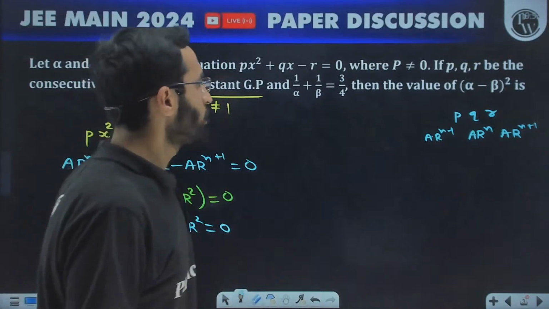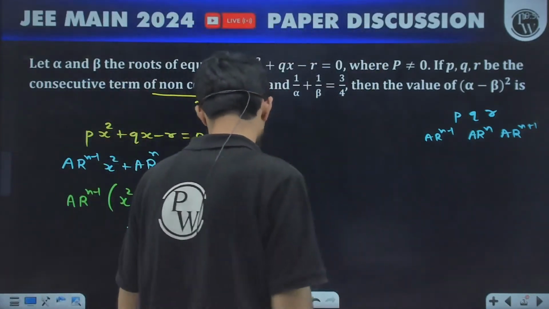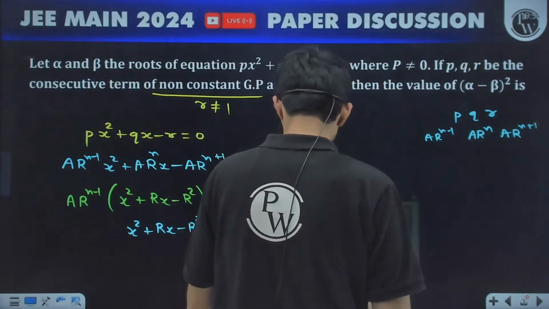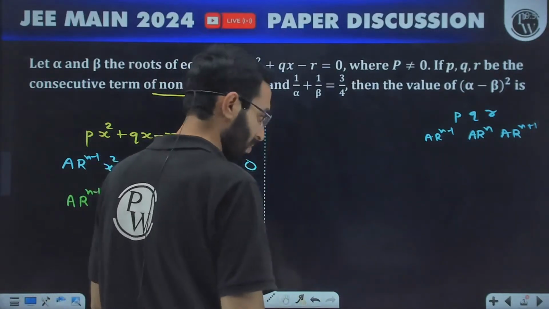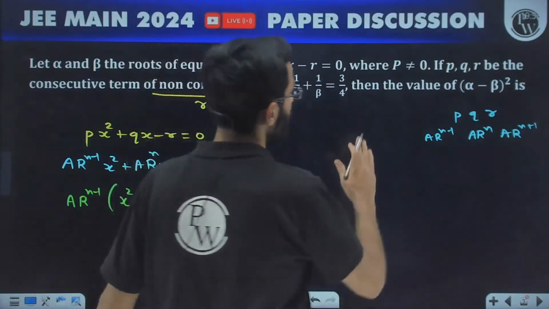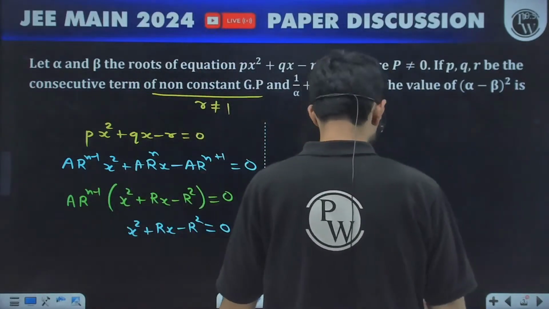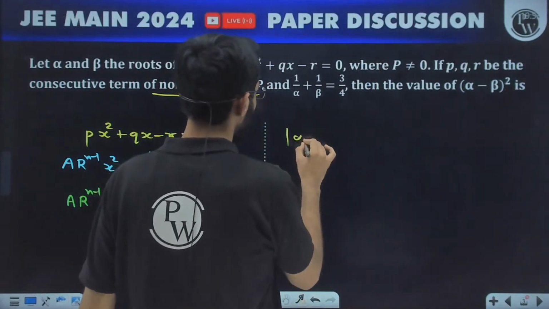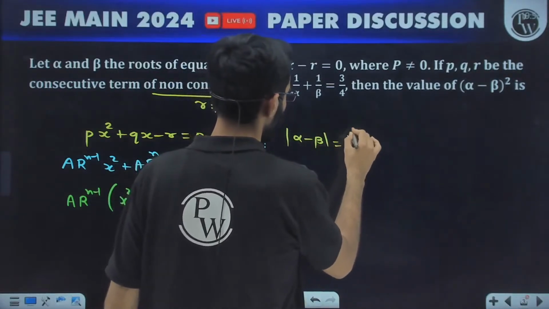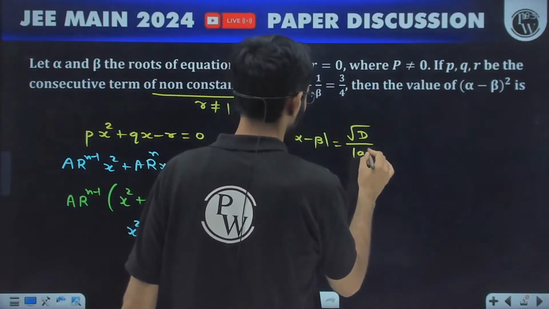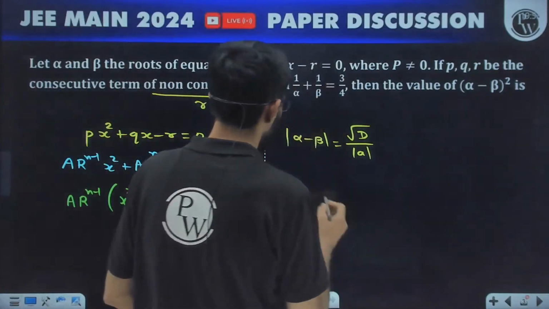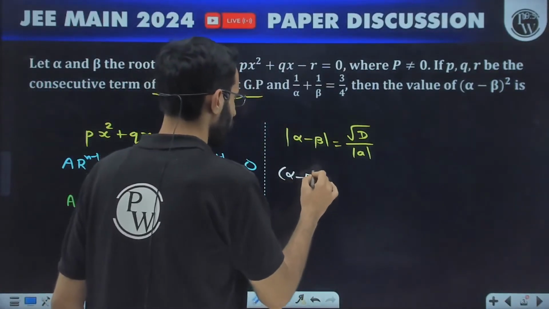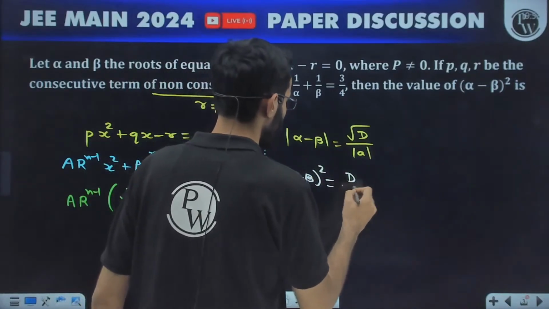Now from here you can get the value of alpha plus beta, alpha into beta, or you can directly get the value of alpha minus beta. If you remember, what is the formula of modulus alpha minus beta, students? Modulus alpha minus beta is equal to root D by modulus a. If we want (alpha minus beta) whole square, I apply square on both sides and get (alpha minus beta) whole square as D by a square.